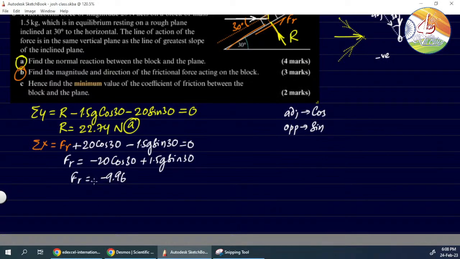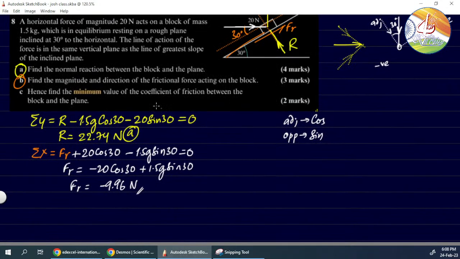So the friction force is minus 9.96 newtons. So the magnitude of the friction is 9.96 newtons and it's acting in which direction? Negative x direction. So it's acting in the negative x direction.